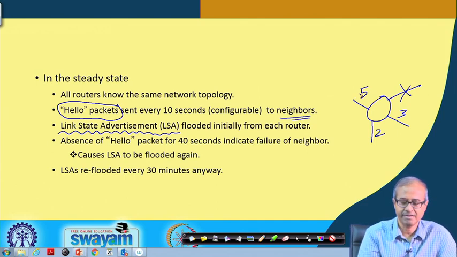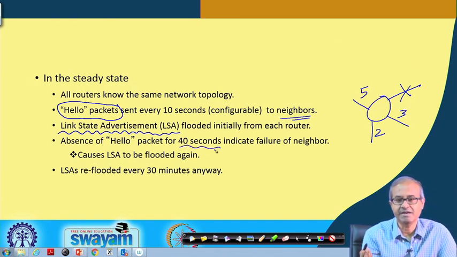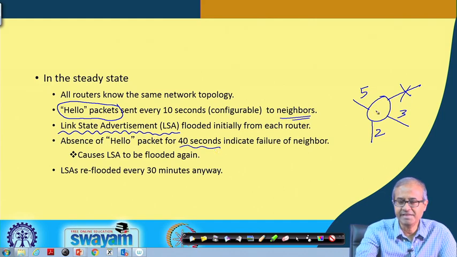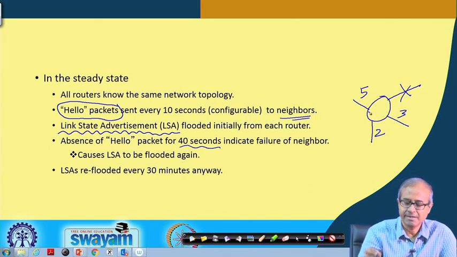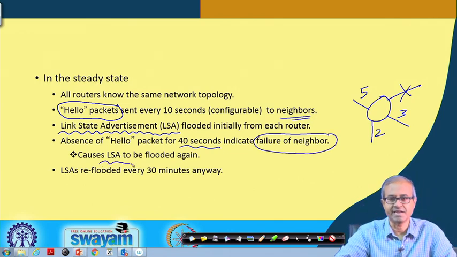Now, absence of a hello packet for a certain time, 40 seconds or so, may lead the router to conclude that the link is currently down, that the other router has failed. Once such a failure is detected, the link state advertisement is initiated again.